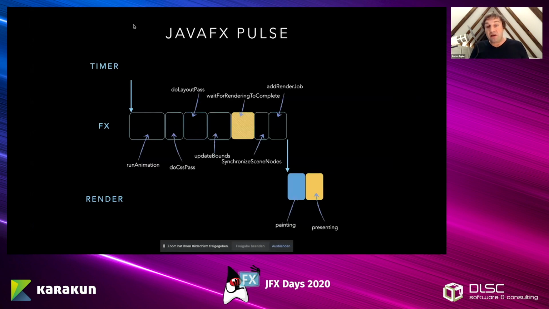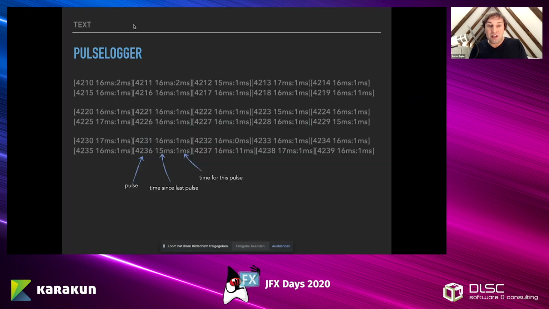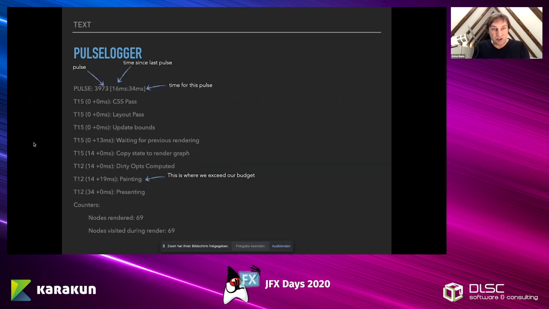So again, let's recap. This is the JavaFX Pulse. We have these phases, and we saw basically all these phases in the output from the pulse logger, except for run animation. But you can interpolate how long the run animation must have taken. If you look at the first line that starts with T15, you see there's a 0, and that's the time since the last phase.